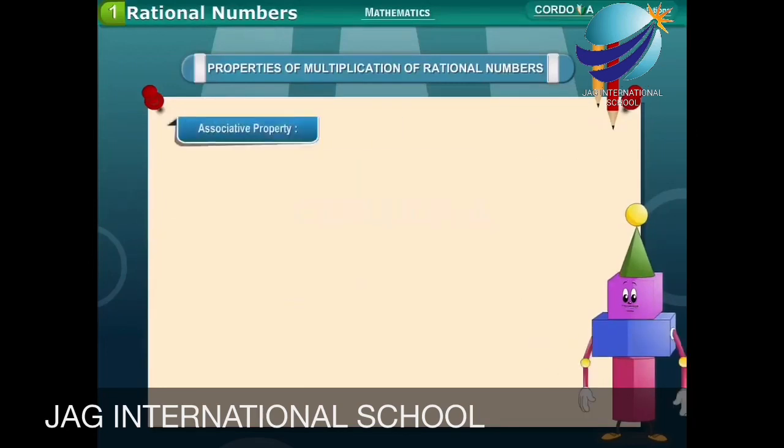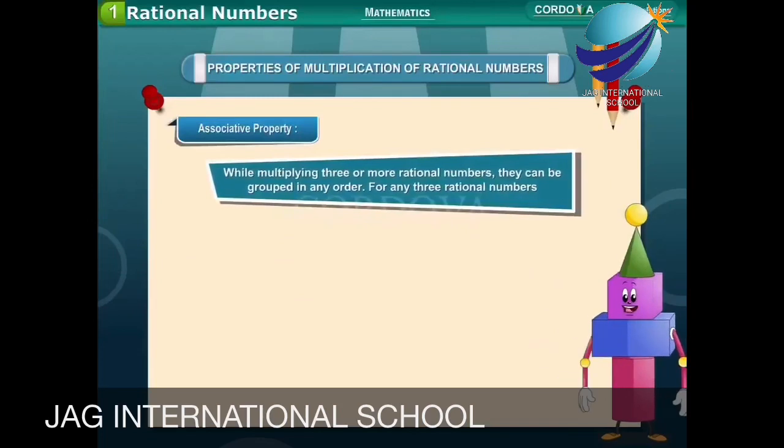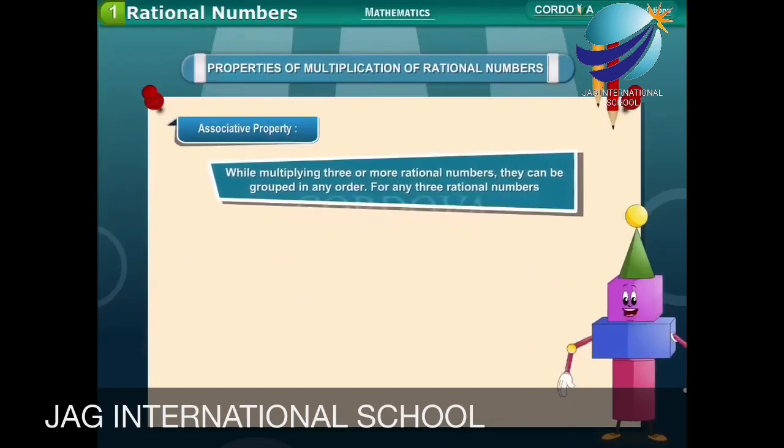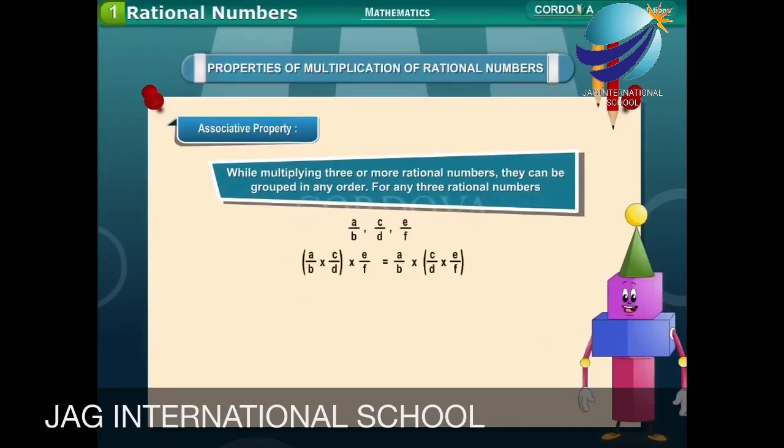Associative property. While multiplying three or more rational numbers, they can be grouped in any order. For any three rational numbers, a upon b, c upon d, e upon f, a upon b into c upon d into e upon f is equal to a upon b into c upon d into e upon f, with the grouping changed. Let us consider three rational numbers to be 1 upon 2, minus 3 upon 7 and minus 5 upon 2.